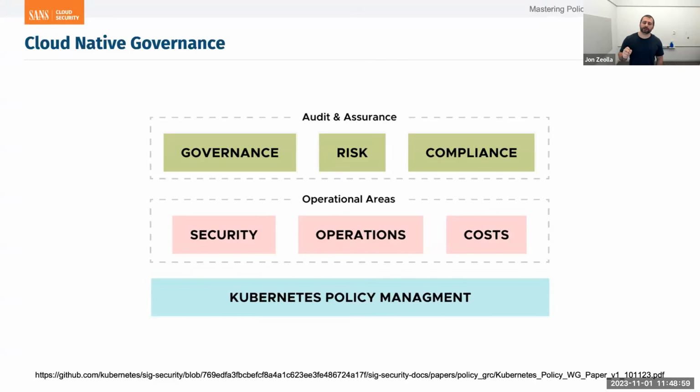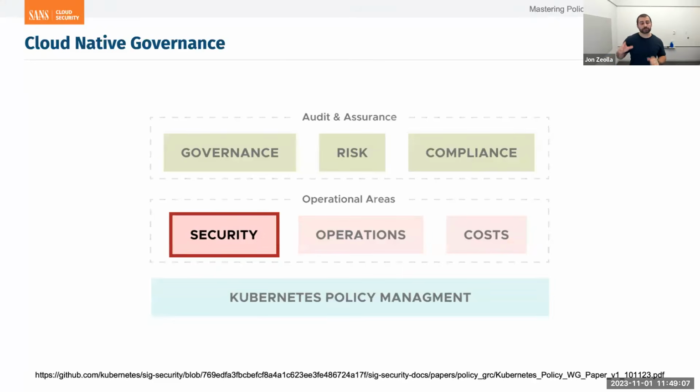So in our governance white paper, we kind of broke the governance conversation up into a bunch of different areas. Specifically, what we're talking about today is security policy as code, but there's other types of policy as code that you might want to consider, right? Costs or financial operations is a really popular one, where we need to know that you're not just going to spend $1 million, right?